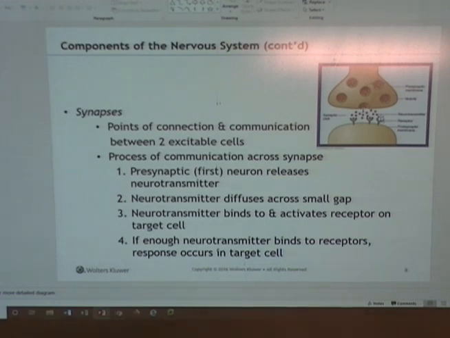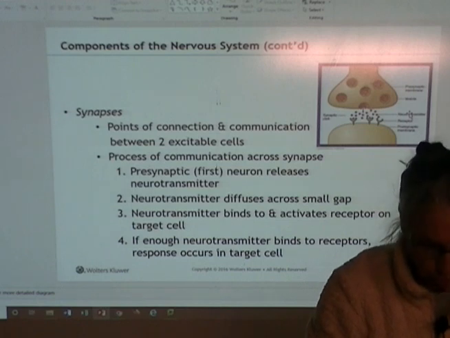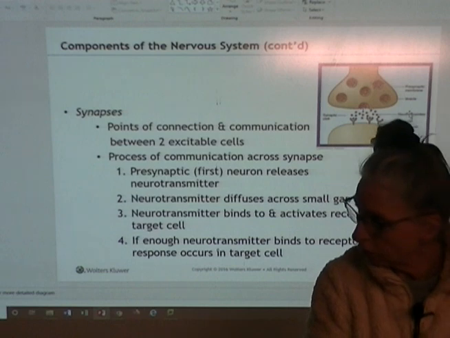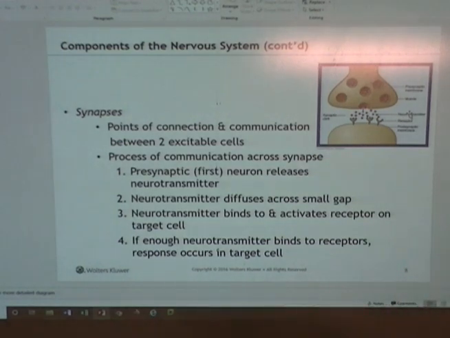Right, so you can see here, here's the axon from the previous. This is the little kind of cartoony version. If you'd like to look at something a little more realistic, you can go back to page 83, and there's a very detailed diagram of a synapse. All right, but I like the cartoony version. It's nice and simple.